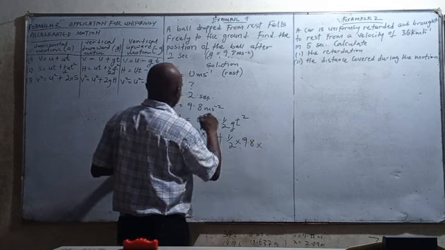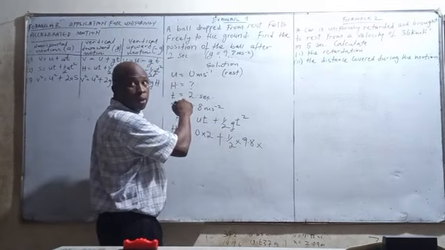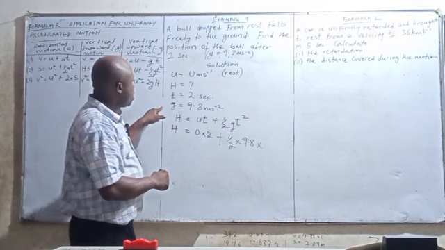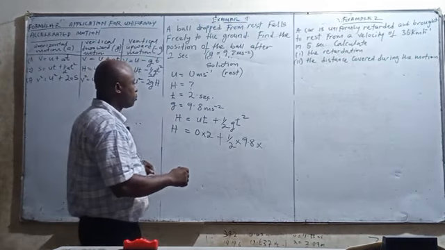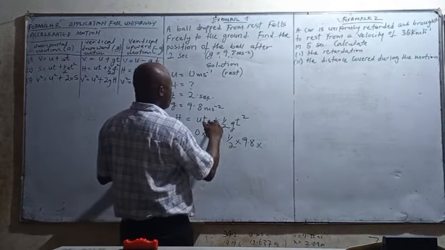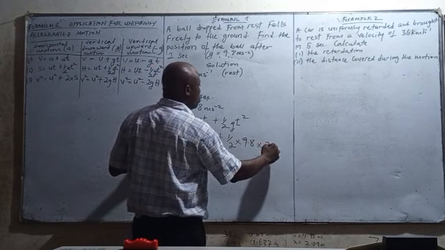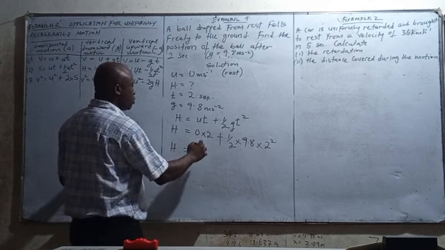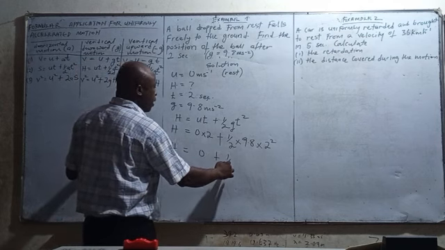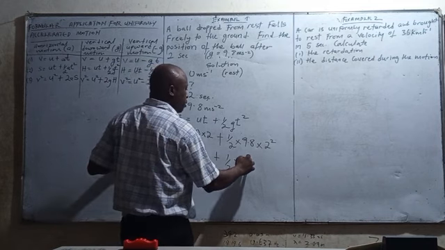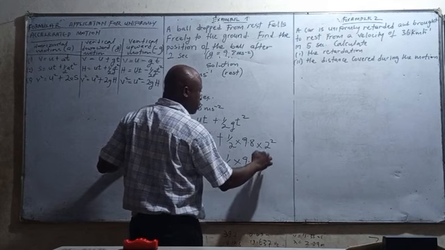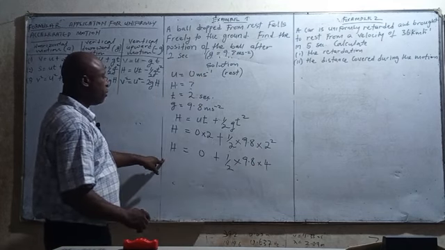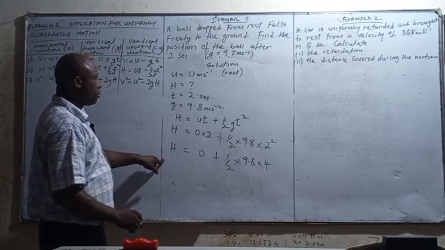u is 0 times t, which is 2, plus half times g, which is 9.8, times t, which is 2 squared. So we have h equals 0 times 2, which is 0, plus half times 9.8 times 2 squared. 2 squared is 4.